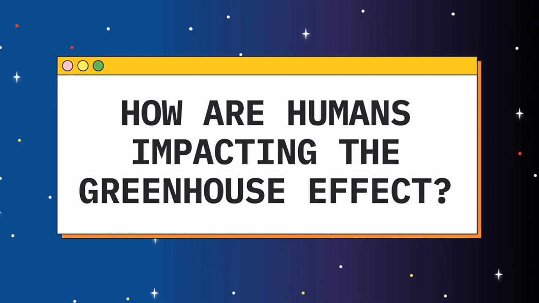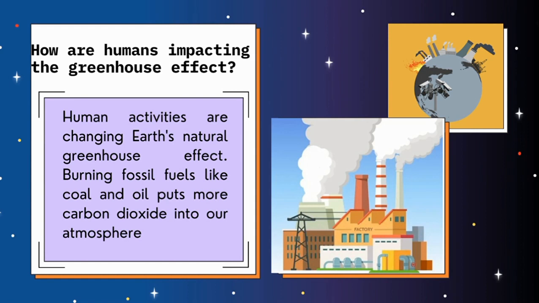So how does humans impacting the greenhouse effect? So human activities are changing Earth's natural greenhouse effect. Burning fossil fuels like coal and oil puts more carbon dioxide into our atmosphere.